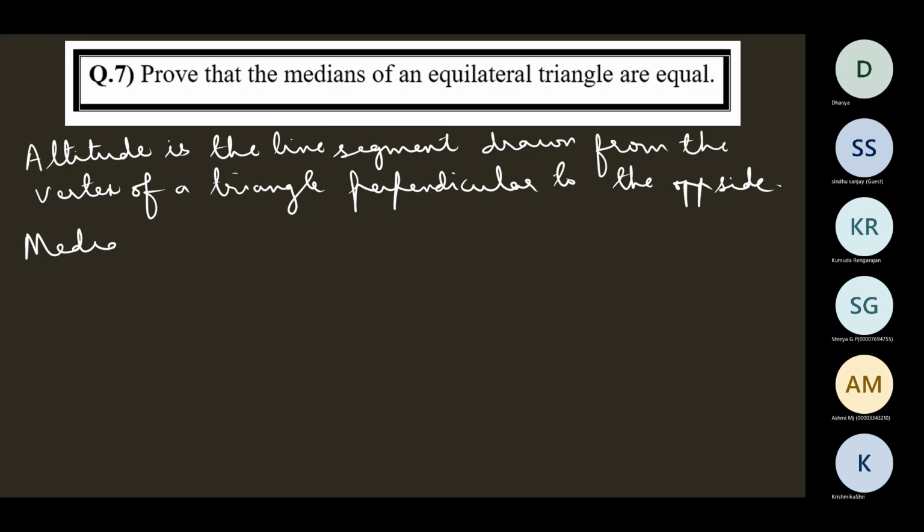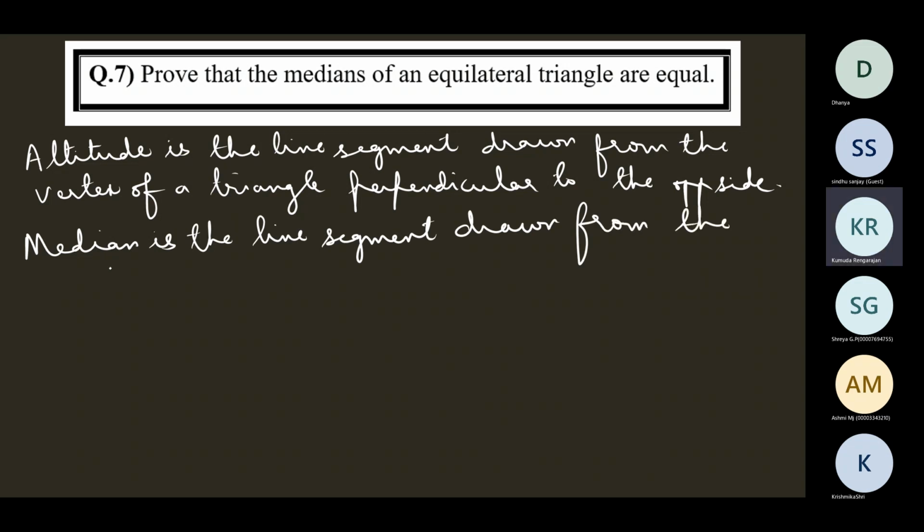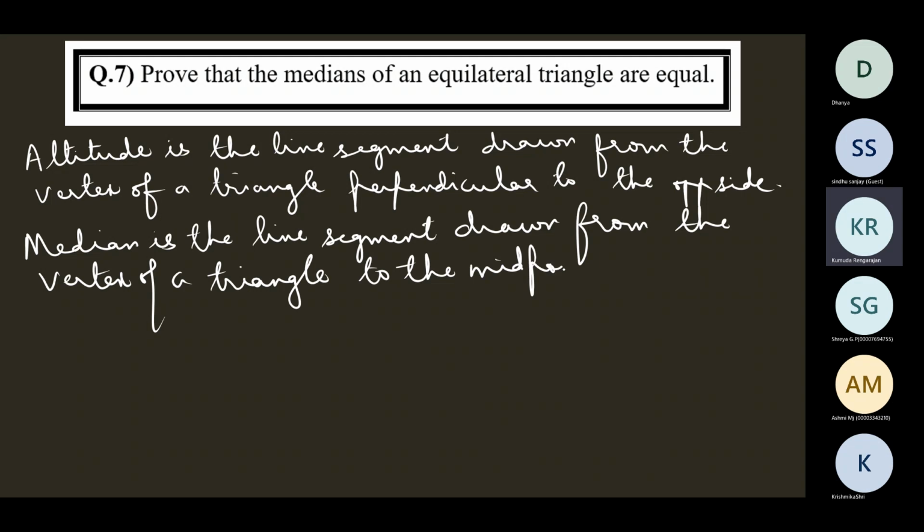Median is the line segment drawn from the vertex of a triangle to the midpoint of the opposite side.